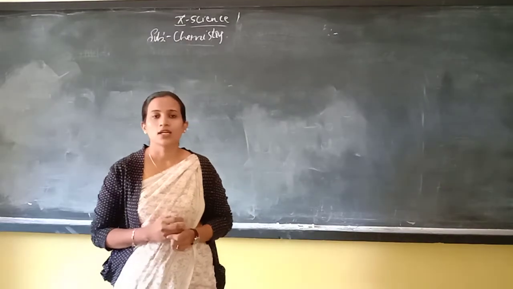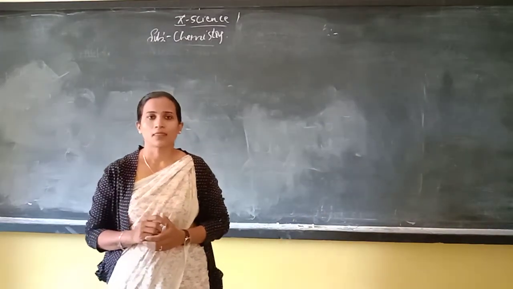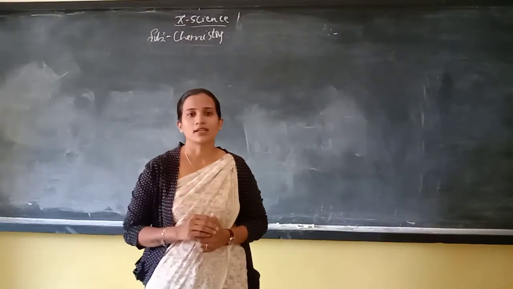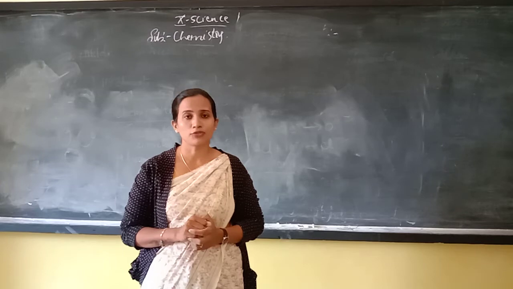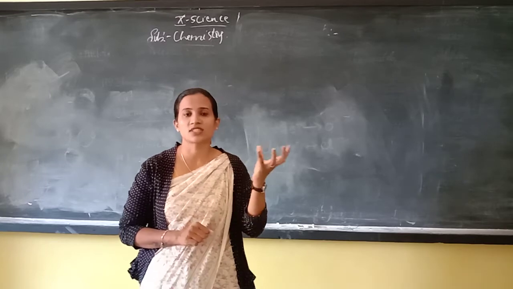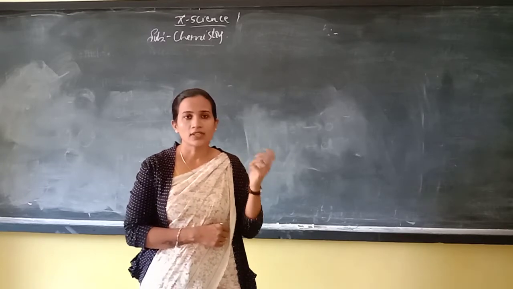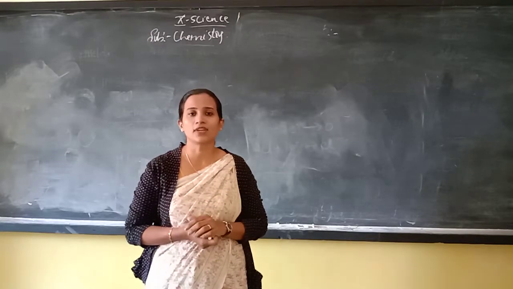All non-metals are non-lustrous. They do not shine, except diamond. Diamond is a non-metal, but it shines because of the refractive index. In physics you have learned about the refractive index, which gives shininess to an object. So diamond has the capacity to shine because of refractive index.